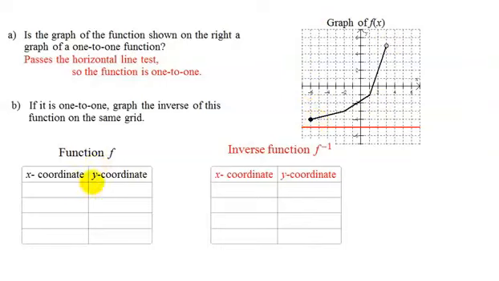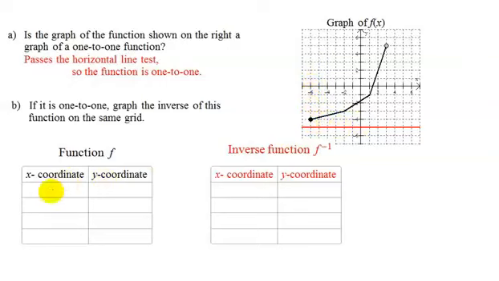I need to find the x and y coordinates, and then the points on the inverse function are going to be interchanged x and y coordinates. So all I have to do is find the points on my graph, and since this is just segments of straight lines, I need the beginning point, which is a solid dot. What are the coordinates of that?